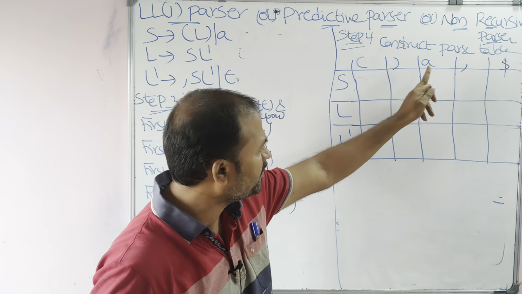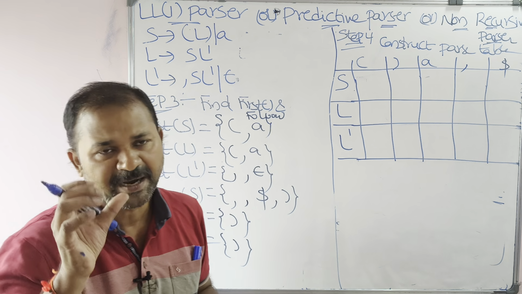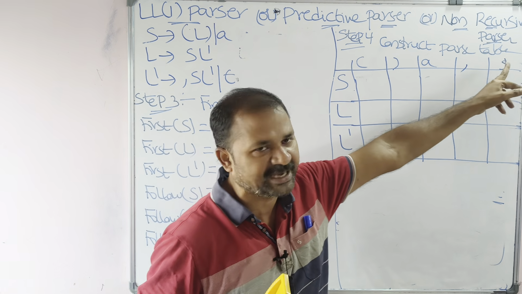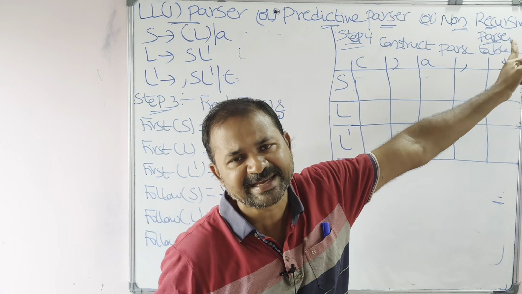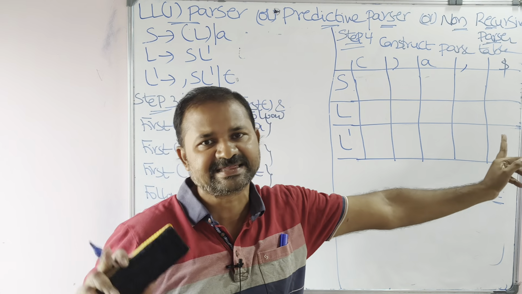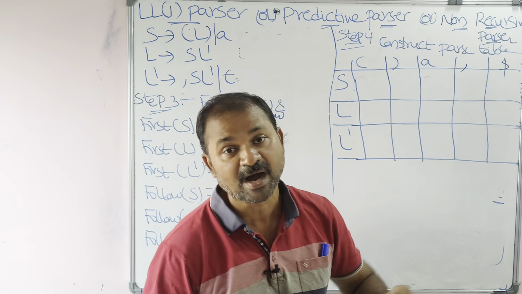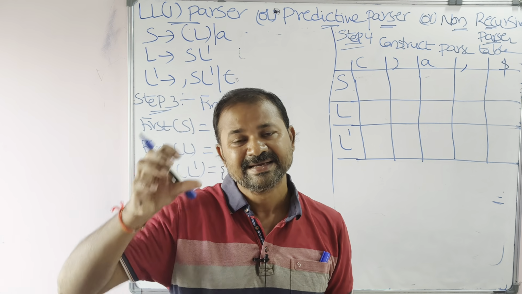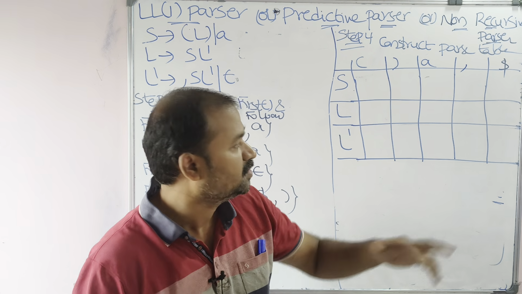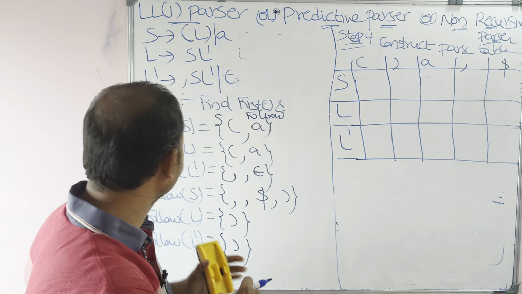But don't write epsilon here. Epsilon means nothing, so there is no need to write epsilon. But we have to write dollar. Why? Because every string ends with dollar. So write dollar also.